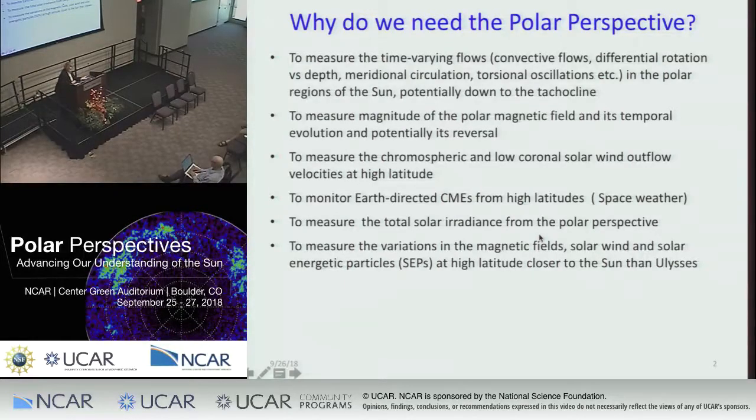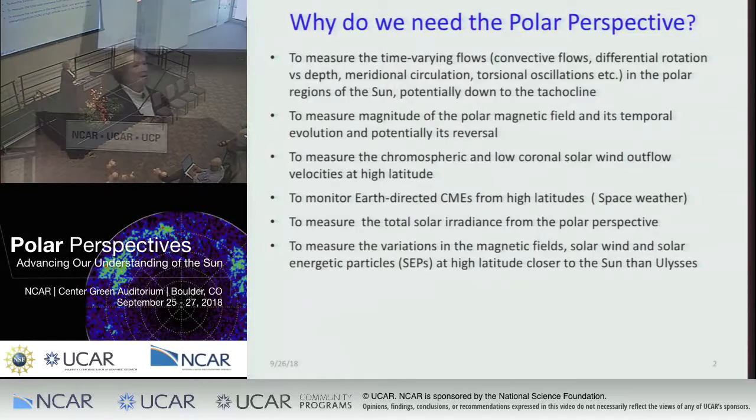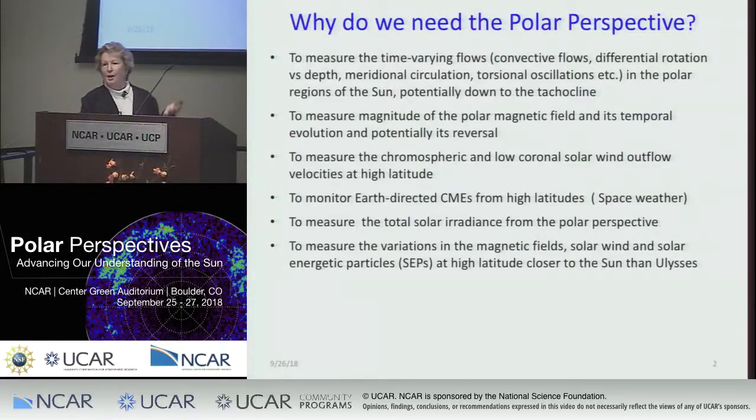All right. So, okay, so we want to measure all of the flows in the polar regions. Preferably, of course, we'd like to go all the way down to the tachocline. Want to measure the magnitude of the polar magnetic fields and how they evolve in time. Want to look at the chromosphere and the low solar wind outflows in the polar regions. Of course, we'd like to be able to monitor CMEs from high latitude, as we've heard.